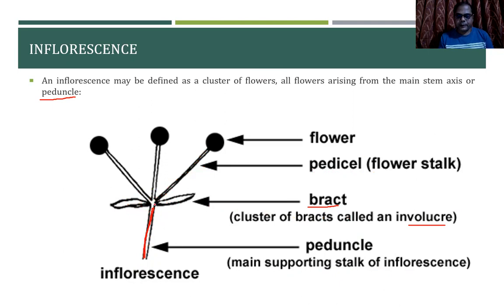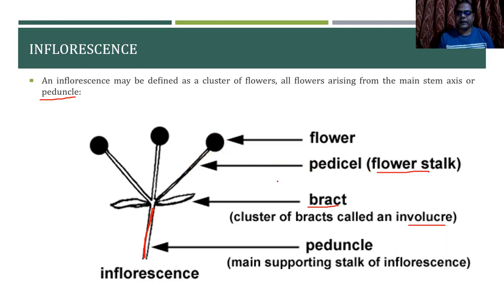Now, if this is the stem area, or the extension of the stem, what we call the peduncle, it ends at this position, that is the bract. From the bract we have the extension on which the flower is present. The flower is present on the pedicel itself. This is also called the flower stalk. If the pedicel is not present, it will be called a sessile flower.